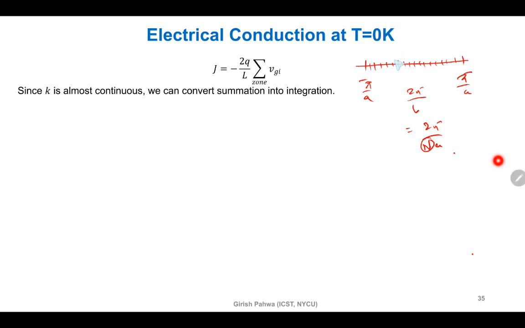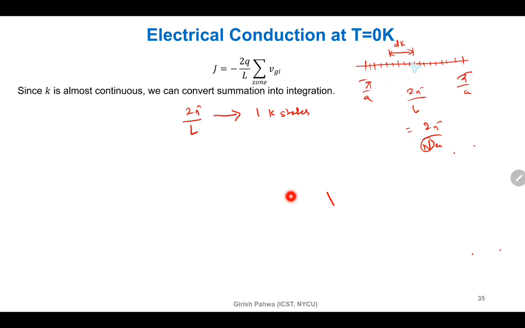I will say I have some width dk here. Okay, this is the small range of k, right? And I will check how many k states are there in this dk. So 2 pi by Na or 2 pi by L contributes to 1 k state, right?